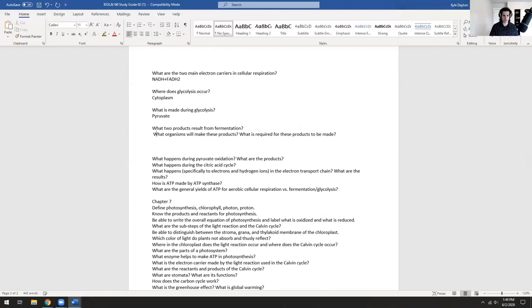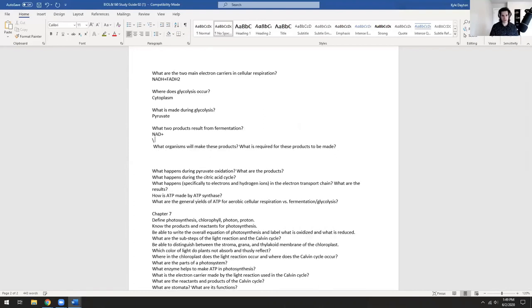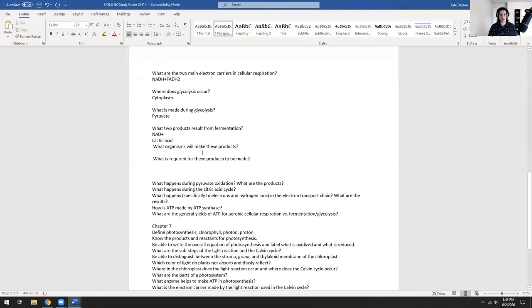What two products result from fermentation? So the two products, NAD+, and that's important just because that's what we're using to drive forward glycolysis. And then if you're in a mammal, likely lactic acid. What organisms make these products?